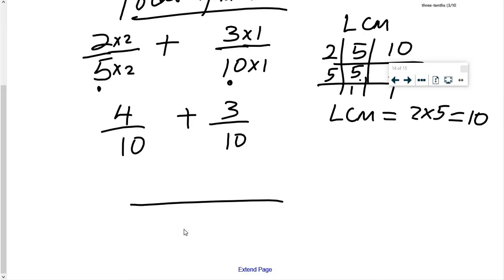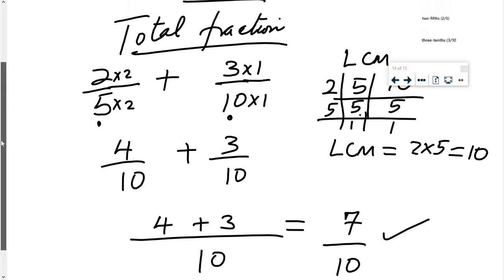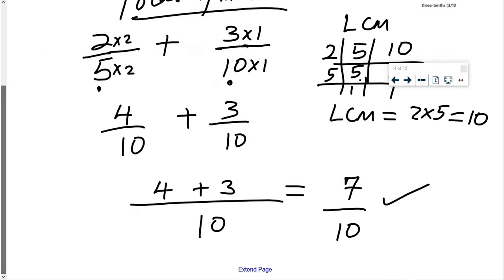Now you're going to make a line and put 10 here, and then add the numerators. Answer will be 7 upon 10. That's all. So find the total fraction. Total fraction of cake eaten will be 7 upon 10.